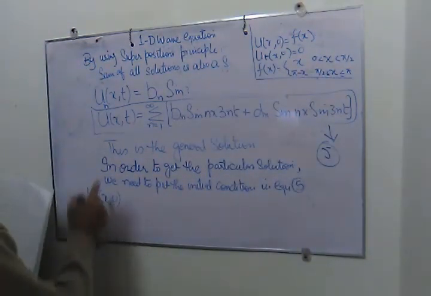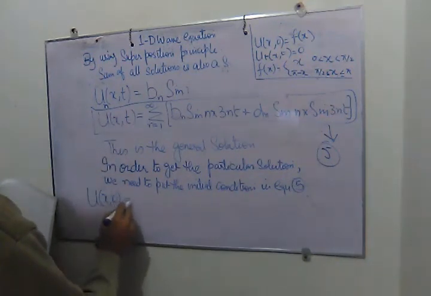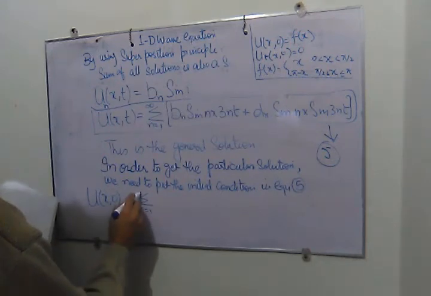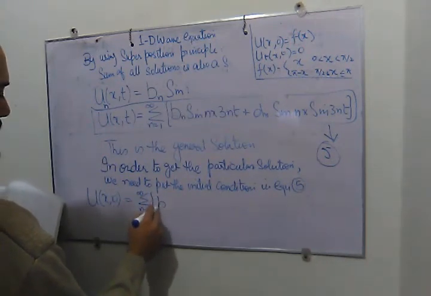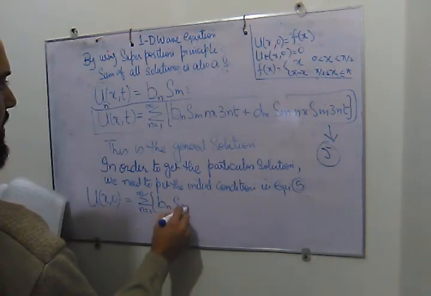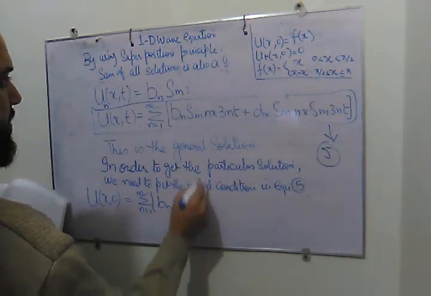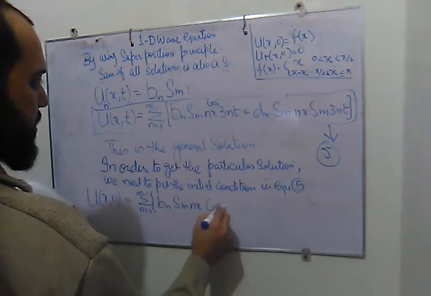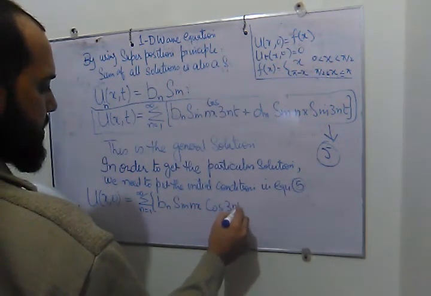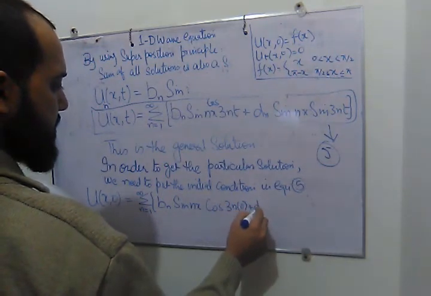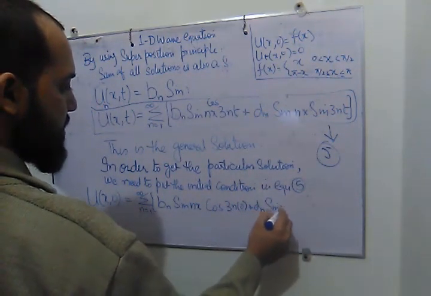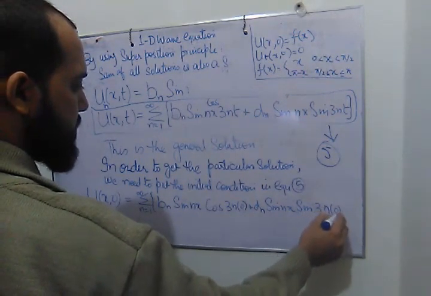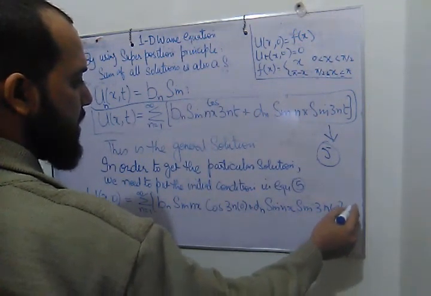So when we put the initial condition in equation number 5, which means we put t equal to 0 in the solution, the sum of Bn sin nx cos 3n·0 plus Dn sin nx sin 3n·0 is all equal to f(x).